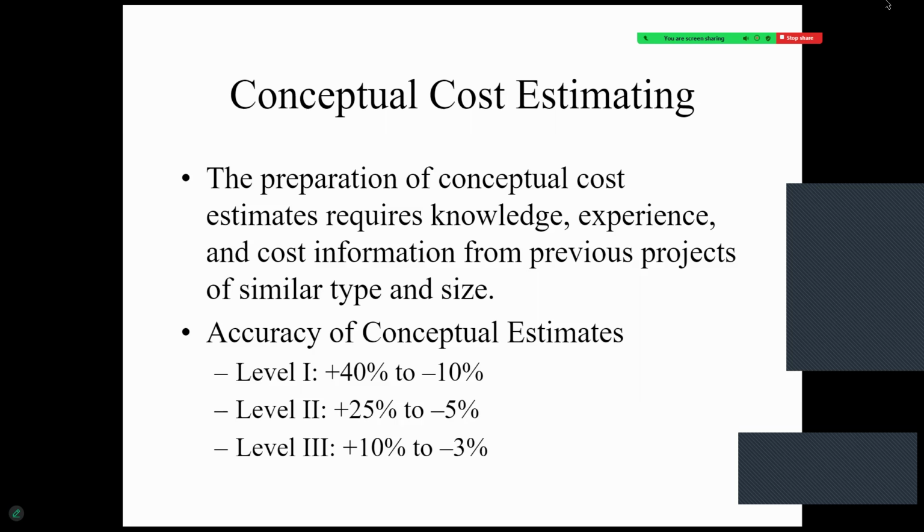There are three levels of accuracy for conceptual estimates. Level one is plus 40% to negative 10%. Level two is plus 25% to negative 5%. The plus means you can be over budget, and the negative means you can be under budget.